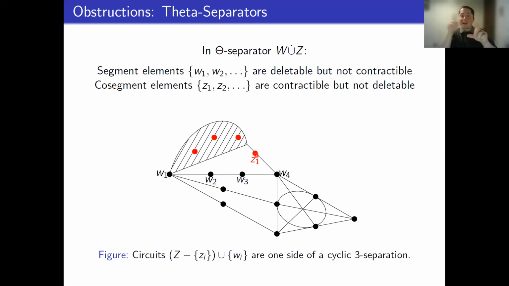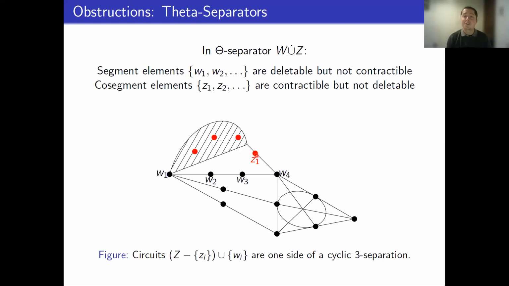And those precisely are small sides of cyclic separations. So that forces the Z1s to be not deletable. Hopefully that makes some sort of sense. It's the crux of understanding why these don't work. So yeah, the Zs are not deletable.